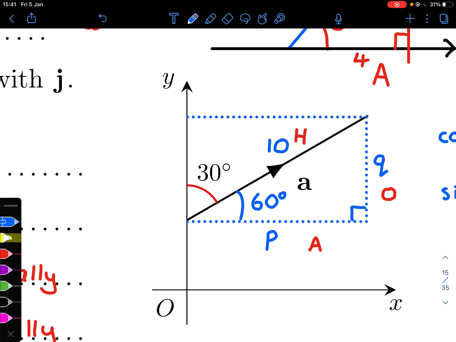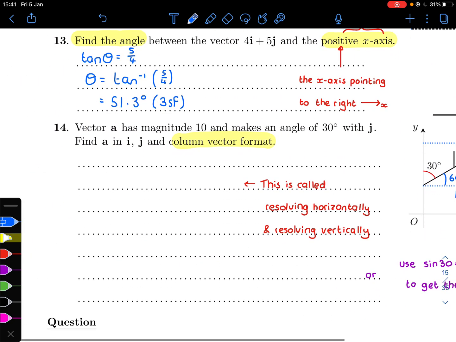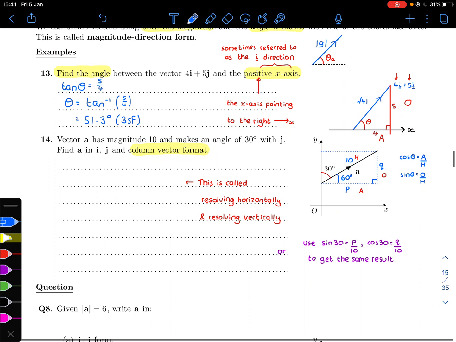To find P using the adjacent, I'm going to use cos, and to find Q using the opposite, I'm going to use sine. Cos is adjacent over hypotenuse, sine is opposite over hypotenuse. So using the 60-degree angle, cos 60 is P over 10, and sine 60 is Q over 10.